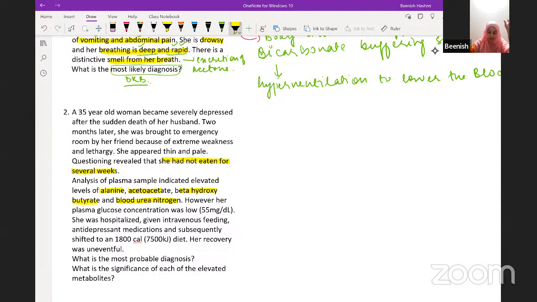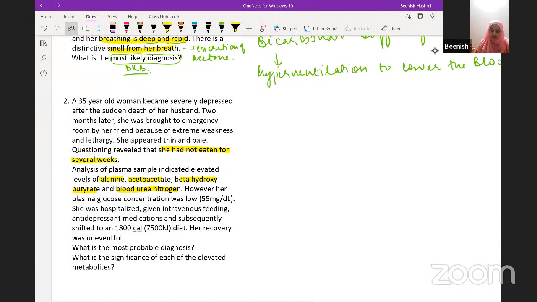And let's see the significance of each of the elevated metabolites that suggest starvation. So she had not eaten for several weeks. That is one of our clues. Then another, it says that there are elevated levels of alanine. Alanine, we all know, is the principal glucogenic amino acid.